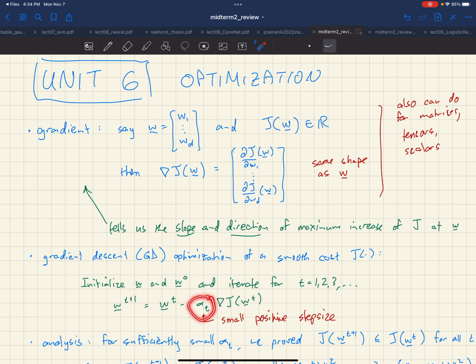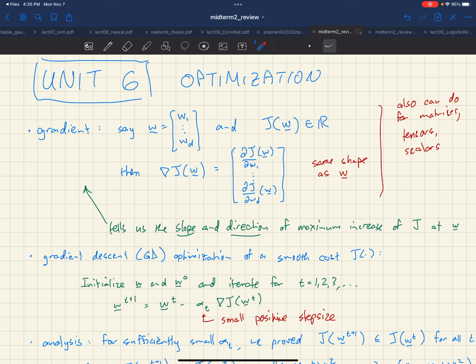And with a small step size, its norm is just a short vector. That is the adjustment you make to your current W to get your new W. So in other words, you start randomly and you take small steps downhill, downhill, downhill, downhill. And if you ever reach a local minimum, eventually the gradient will go to 0 and you will stop moving. And you will have found that local minimum.